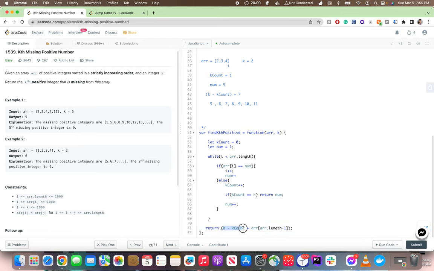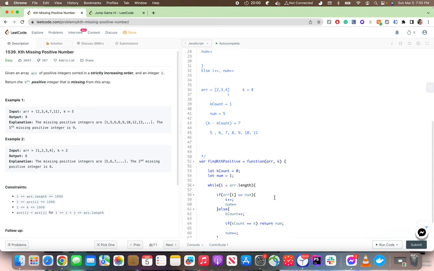Because k minus k count would give us the count of the remaining positive numbers that are needed, and if we add the last value to it, we will get that value.